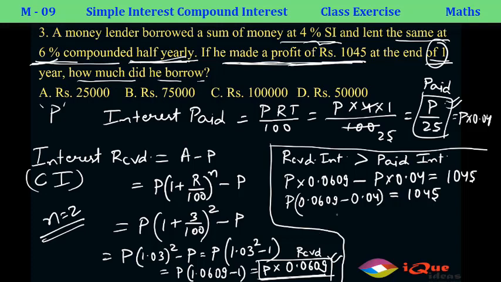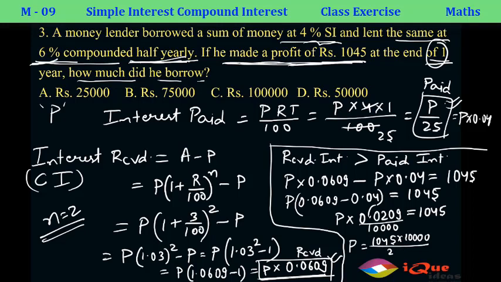If you simply subtract, you get P into 0.0209 equal to 1045. If you remove decimal, you will get 1 and 4 zeros in the denominator and then 209. So it is P equal to 1045 into 10,000 divided by 209.